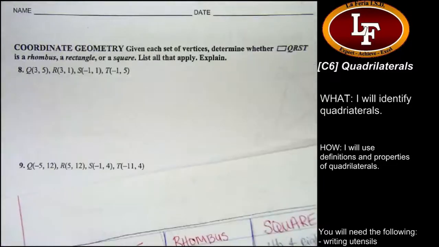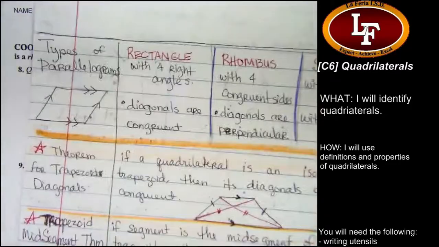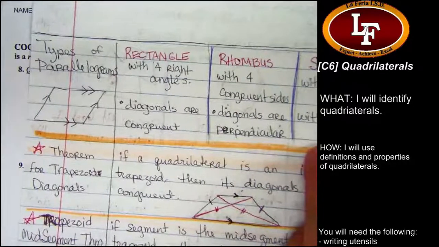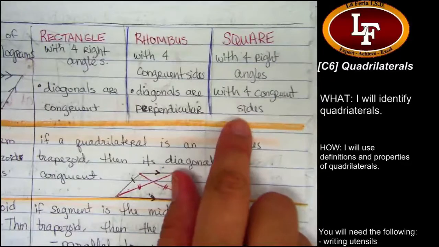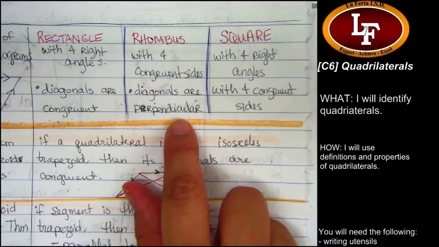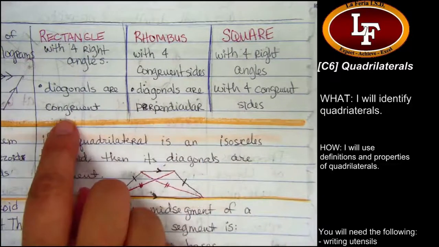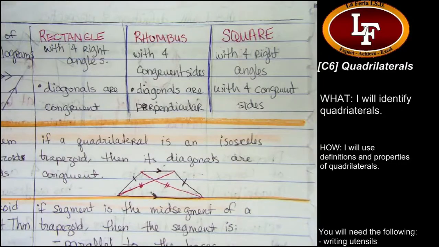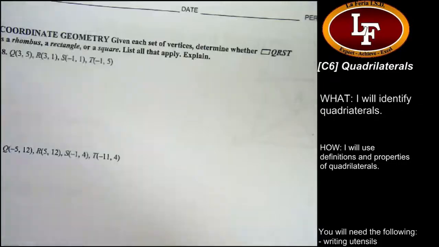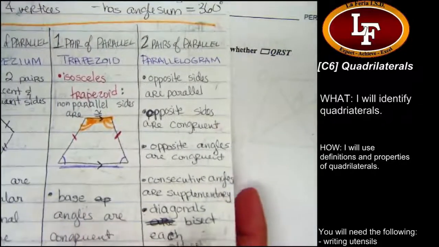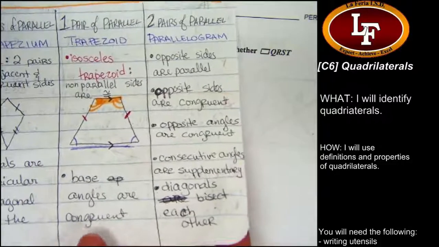And please explain. So you need to be able to state something about things hitting at 90 degrees, things being the same size or congruent, maybe diagonals hitting at 90 degrees or diagonals being congruent, along with any of the other properties that you can find under the parallelograms that might be of use.